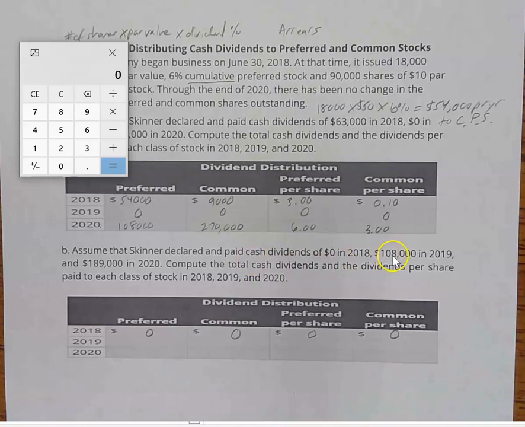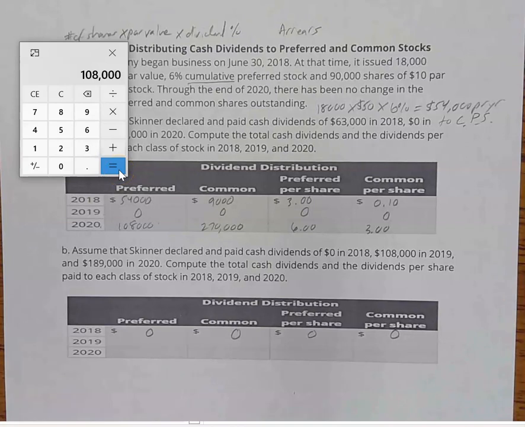However, in 2019 they paid out $108,000. Well, we know that they owe $54,000 for 2019, plus we currently have $54,000 dividends in arrears for 2018.